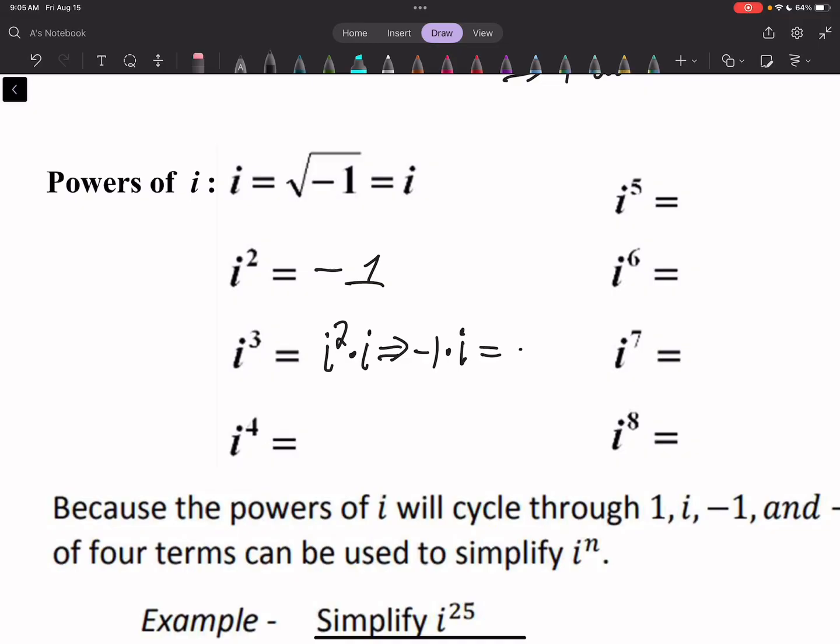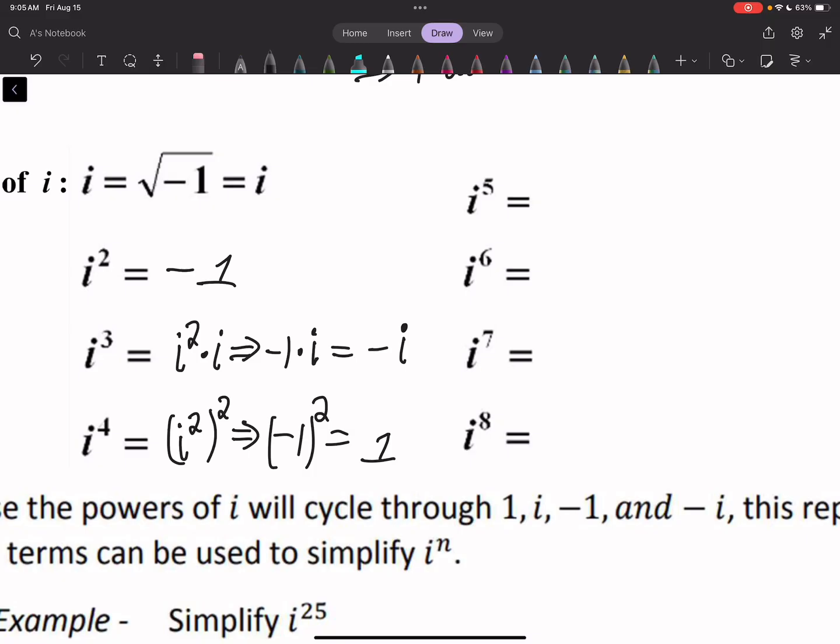This is simply negative i. i to the fourth, i squared, squared. This is negative 1 squared, which is positive 1.